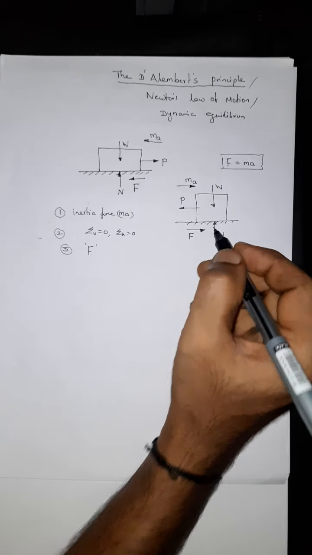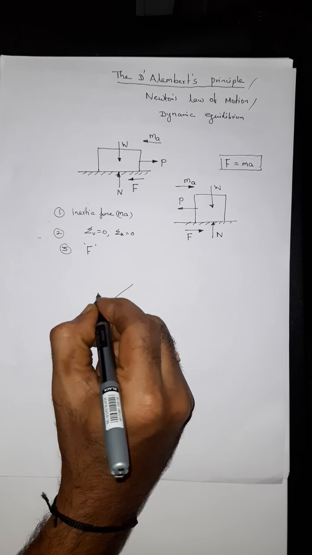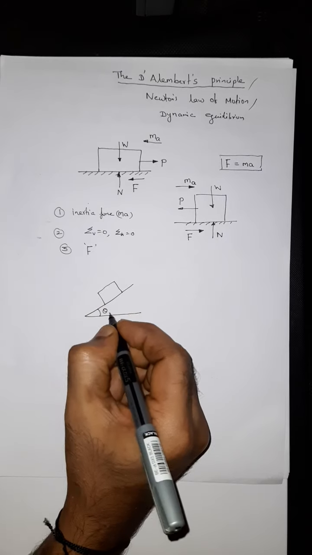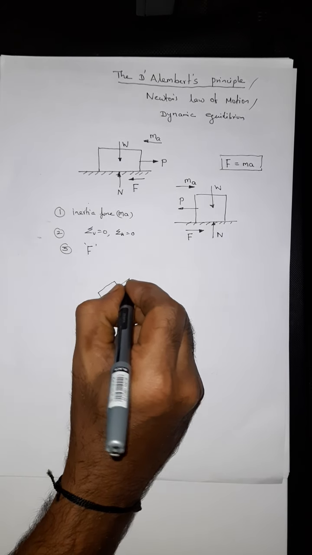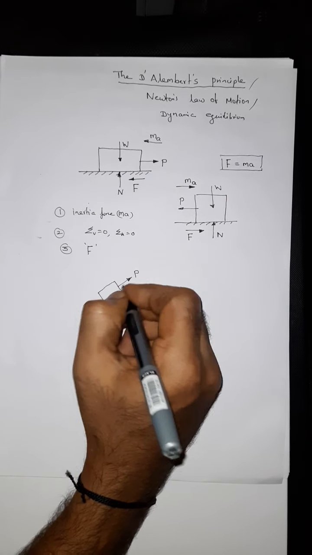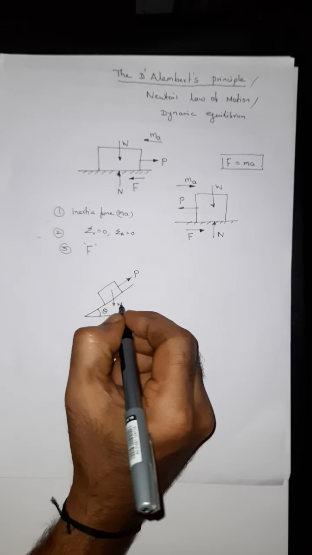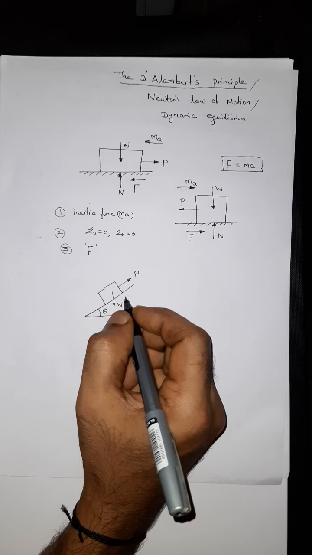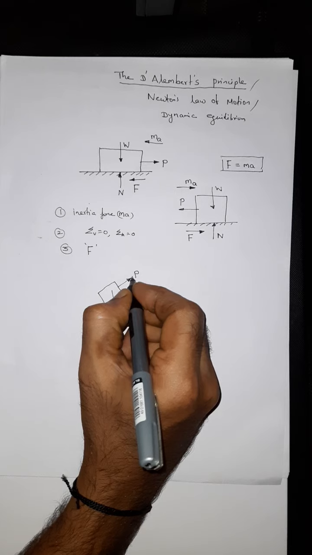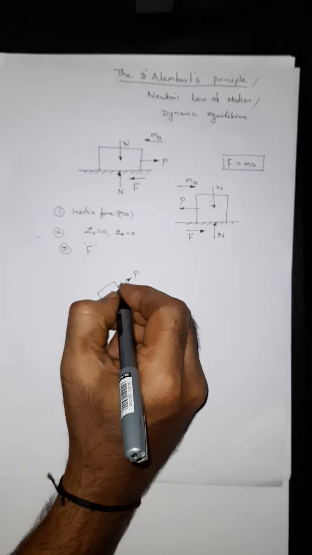Is it clear? Suppose an inclined plane, a body is placed at an angle of theta or whatever, and a force is acting which is trying to pull the body in the upward direction, up the plane, and its weight is acting vertically downwards. Now in this case, the direction of motion is up the plane.